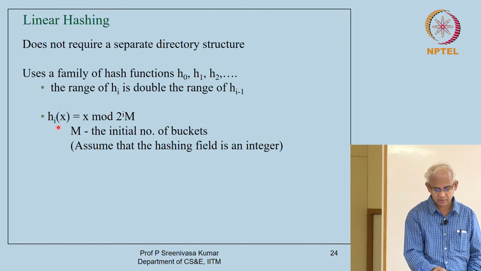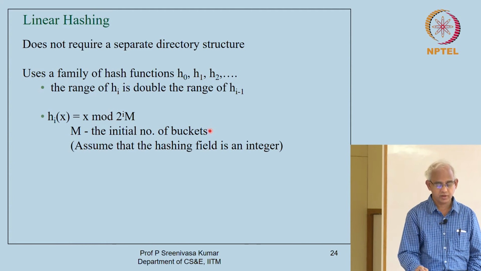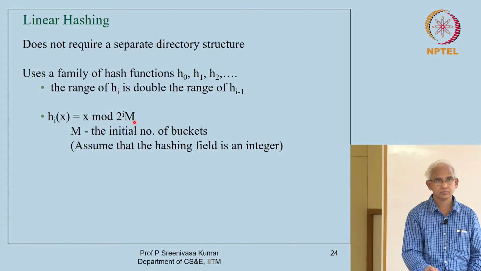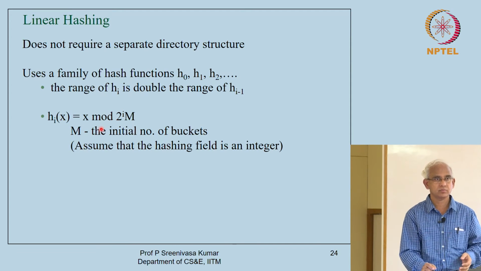So, H0 of x is x mod m, where m is the initial number of buckets that we have. Okay. Then H1 of x will be x mod 2m. Okay. So, the range of H0 is 0 to m minus 1, the range of H1 is 0 to 2m minus 1, it will double.